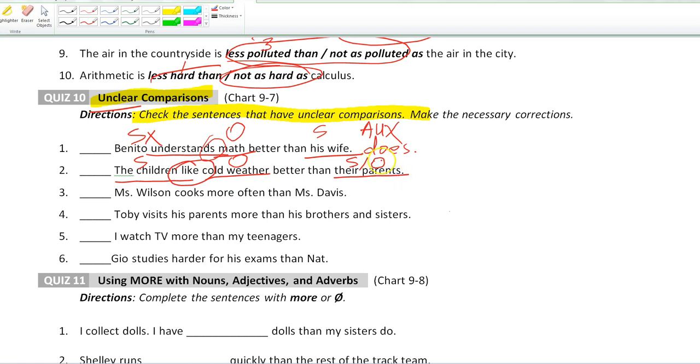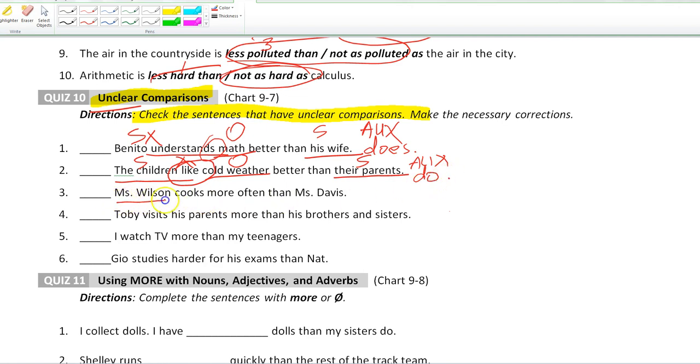No, that's ridiculous. So how do we fix that? We fix that by adding an aux. Okay? And do we have an aux? No, we don't. So we use do, and it's present tense, right? Okay, and we need do for they. So more, better than their parents do.